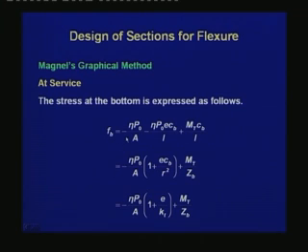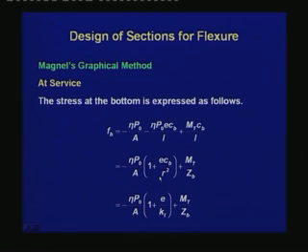It is equal to the uniform component minus eta P0 divided by A, which is negative, then minus eta P0 times E times Cb divided by I. This is also negative because the eccentric prestressing force causes compression at the bottom, and then we have the tensile stress due to the external moment, which is Mt times Cb divided by I.